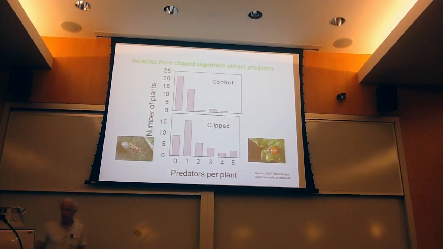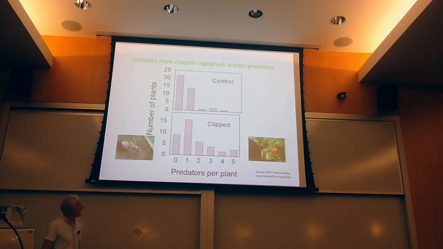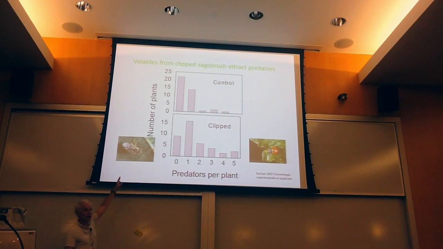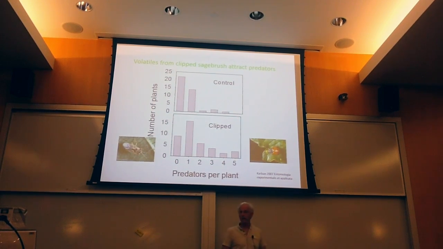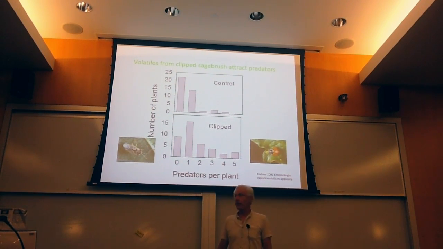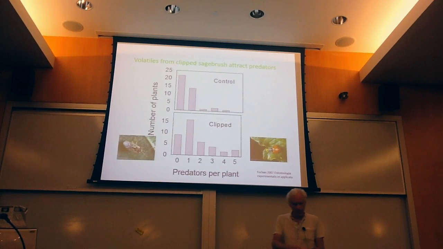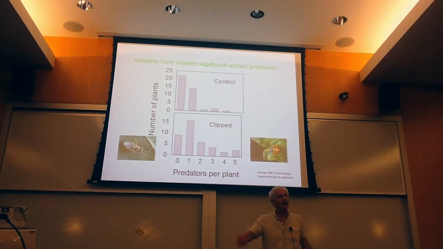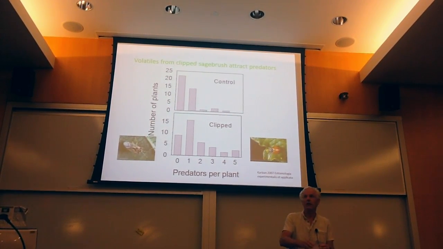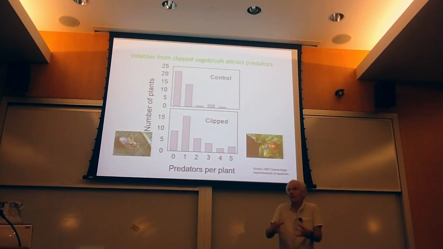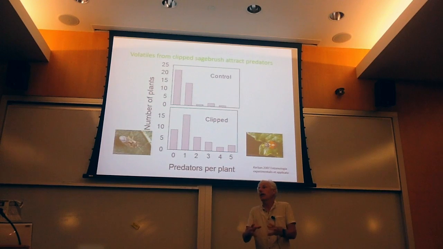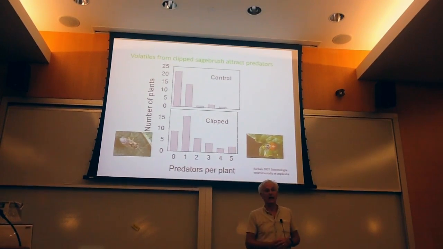And the predators that were abundant in this system were predaceous bugs and predaceous ladybug beetles. And much to my surprise, I set up a trap line of plants that I either experimentally clipped or didn't clip, and then just recorded how many predators I see on those plants when I visit them every day.